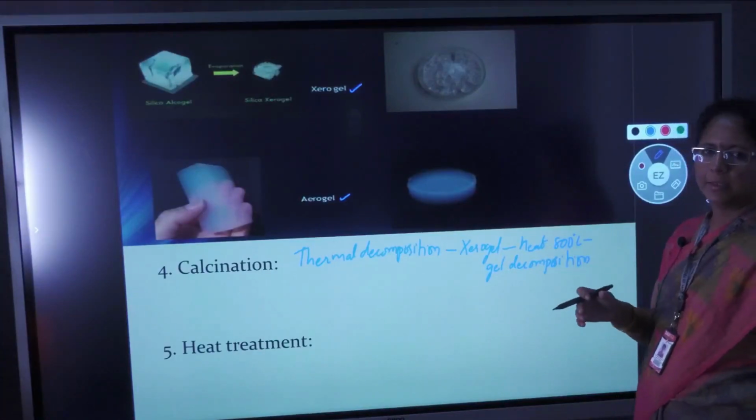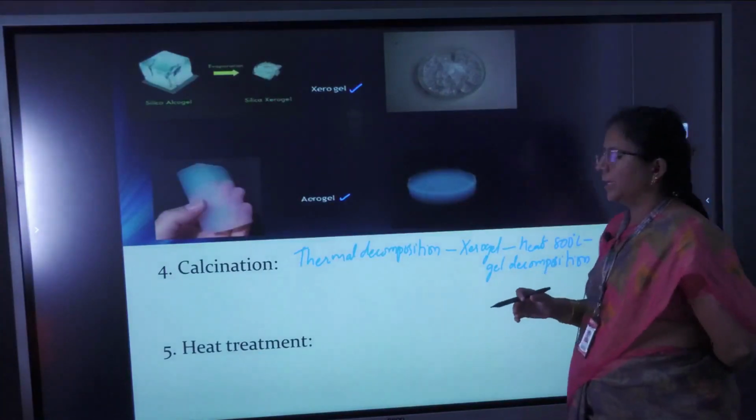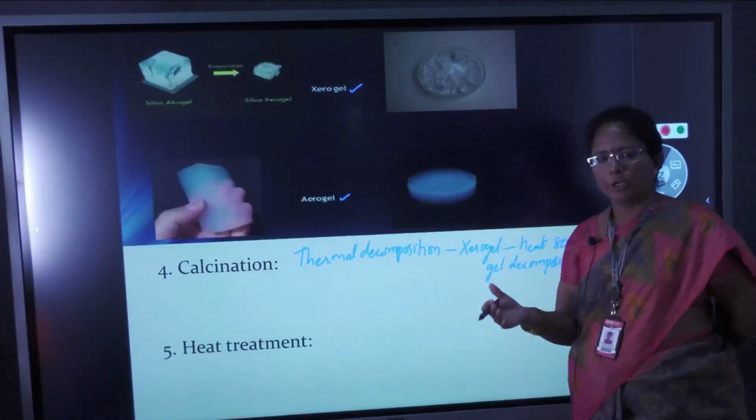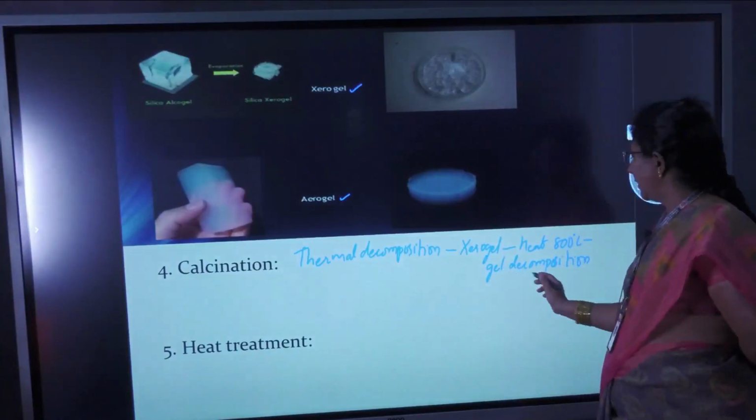As a result, the pores will shrink and collapse, the organic molecules will be vaporized and finally gel decomposition takes place.